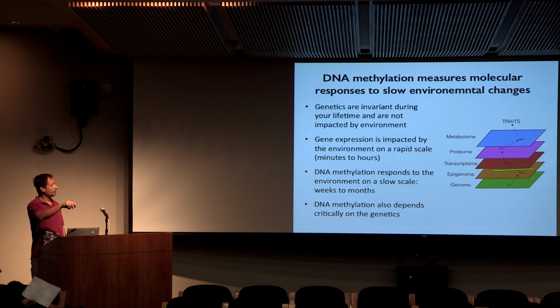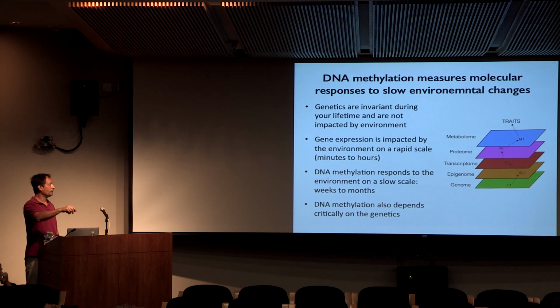And as we heard, there's enormous effort in studying the transcriptome, and the epigenome is sort of straddling these two systems, both in terms of timescales and in terms of dependencies. So we know that the epigenome depends on the genetics, and I'll show you some data, but it's fairly clear that the genetic differences within a population can drive some of the underlying epigenetic differences. And we know, as I showed you, there's some correlation between the epigenome and the transcriptome.